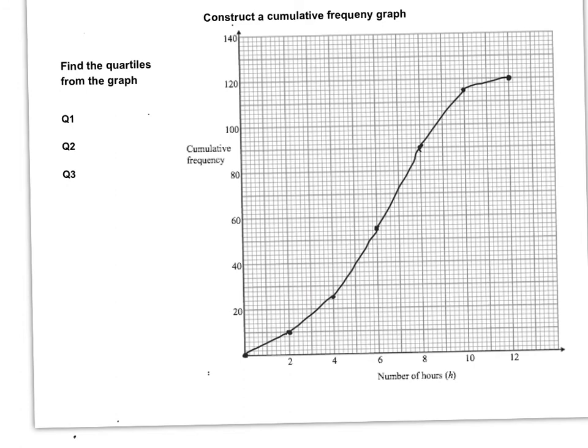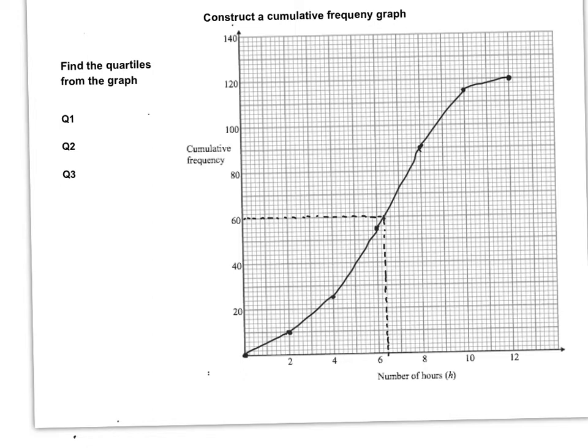Okay. So halfway between 0 and 120 is roughly 60. So you take your ruler and you draw a dotted or a dashed line over to the point where the graph is, and then you draw a line down to the other axis.